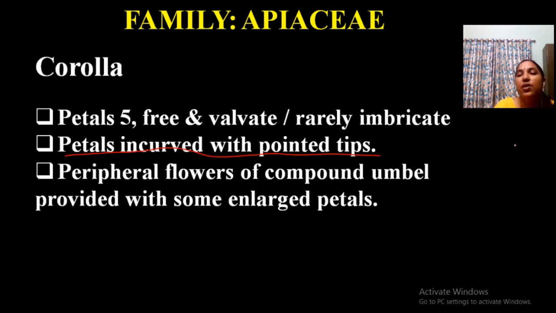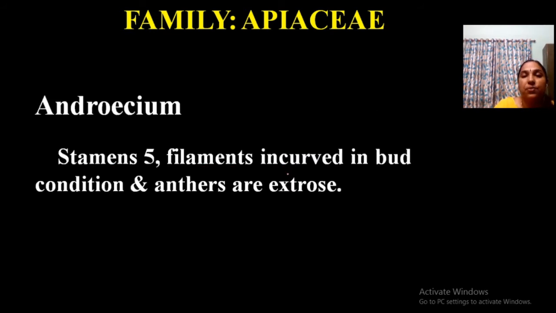They are curved. If it is the portion, you can see that it is incurved inside, petals incurved likewise. Okay, petals are curved inside, usually in the bud condition. Okay, peripheral flowers of the compound umbel are provided with enlarged petals.